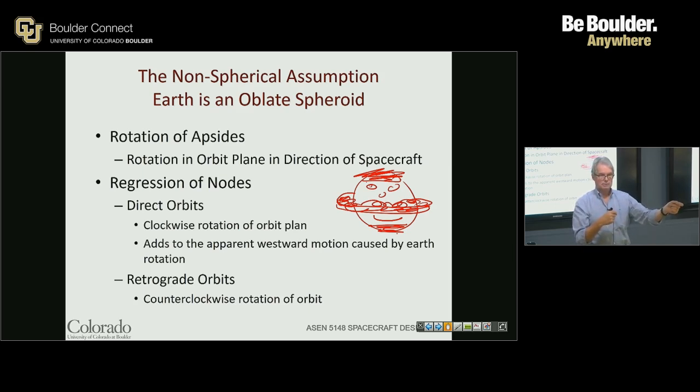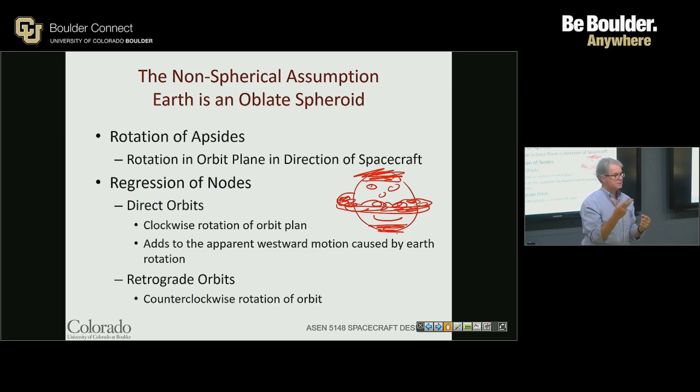So the crossing point of the orbit, if it's going from south to north, which crosses at a particular latitude, changes every time it comes up. It starts to move because that whole orbital plane is being pulled around.